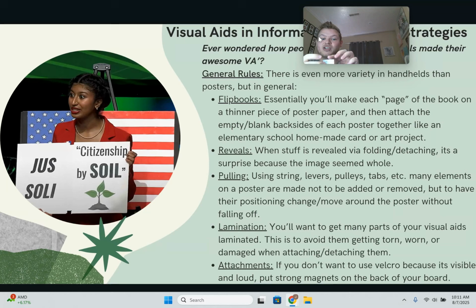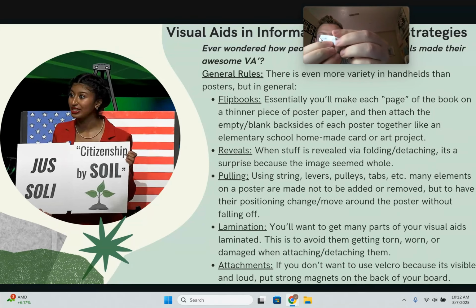I'm going to attach the back side of one half of this to a piece of cardboard or to a poster so that it is firmly glued in place. But then I have my other poster that I also created. And essentially, you put the two back sides together so that when the audience first sees it, it just looks like a normal poster.